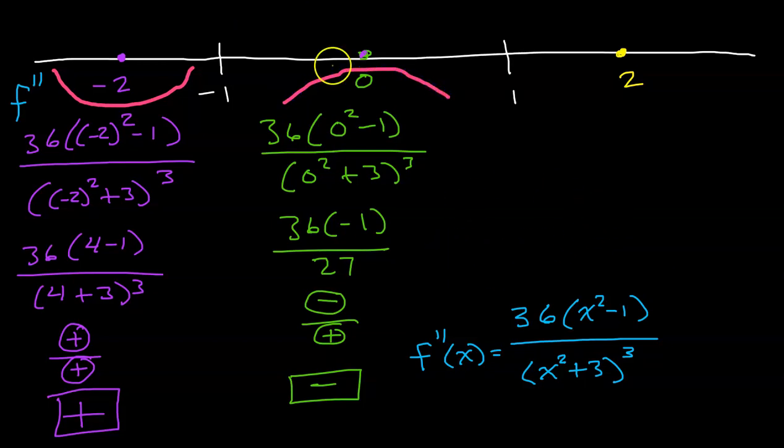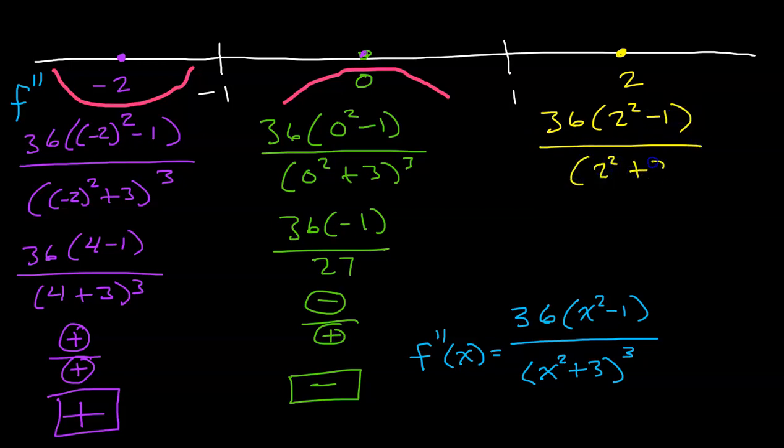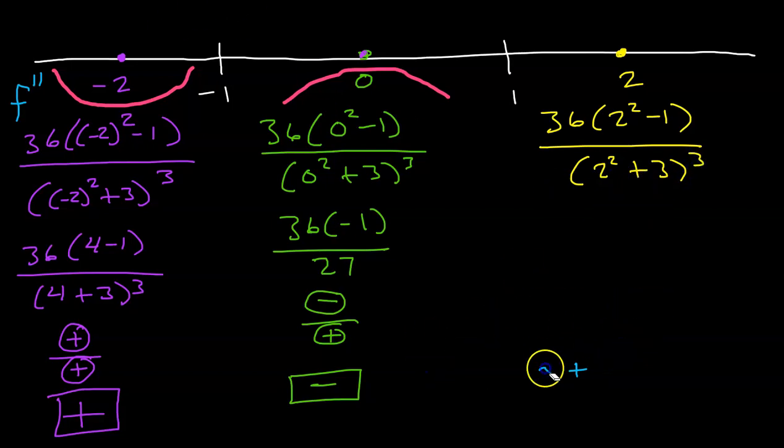And finally, let's check what happens at +2. So that would be 36 times 2 squared minus 1 over 2 squared plus 3 cubed. Let me go ahead and erase this because it just might get in my way.